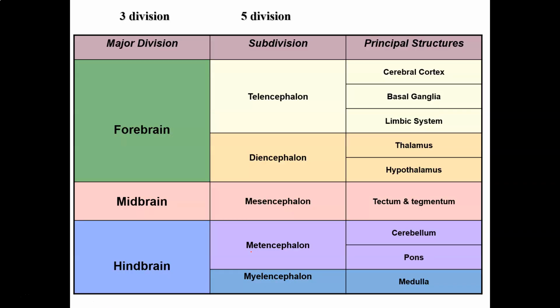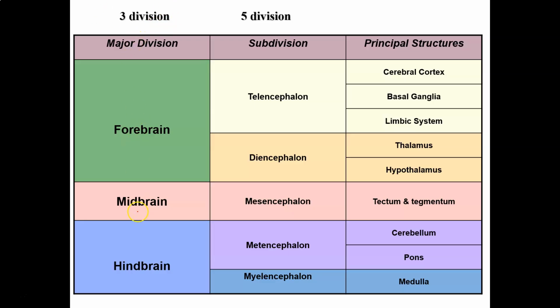All right, let's continue. Now we are going into actual brain structures. So it's easier for us to see brain regions based on groups. And there are 3 major divisions of the brain based on its development. So initially, in early stages of development, the brain only has 3 major parts.